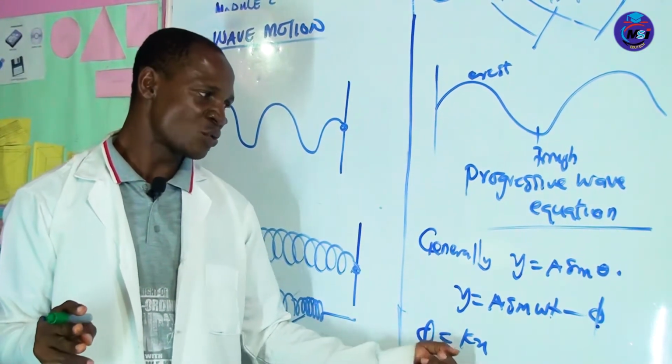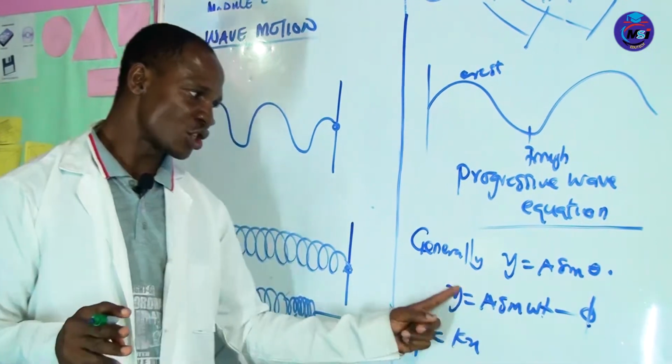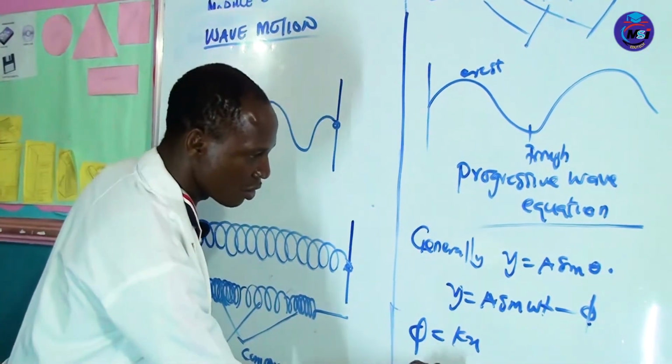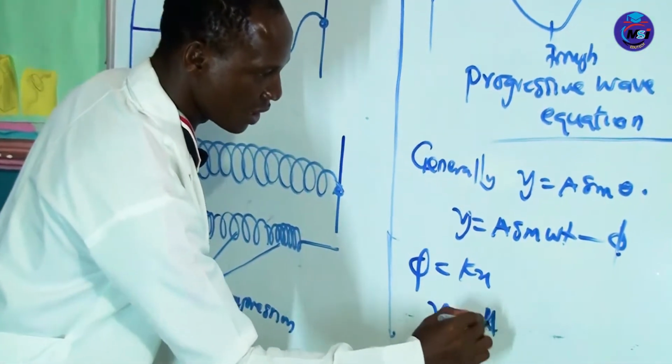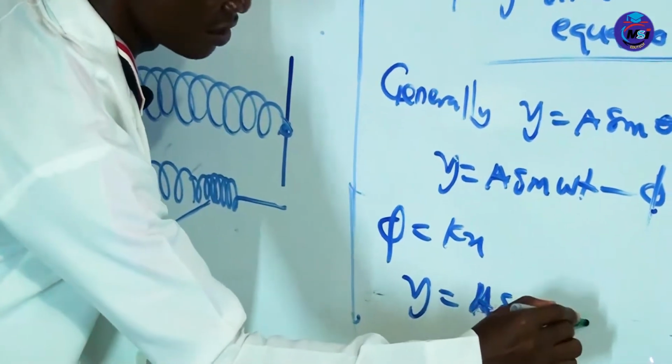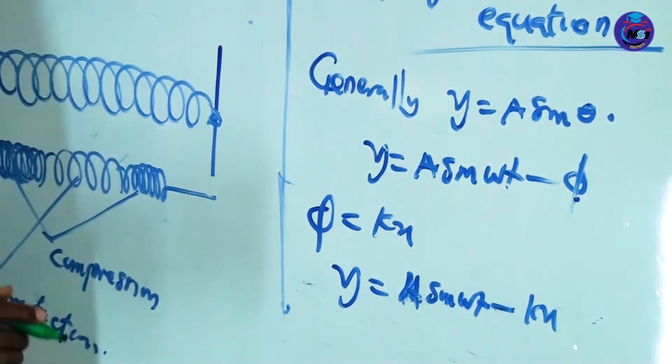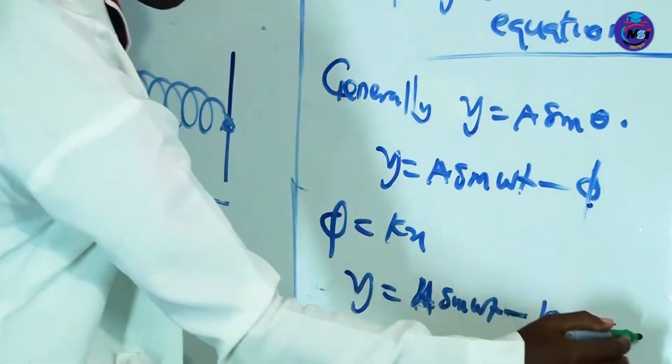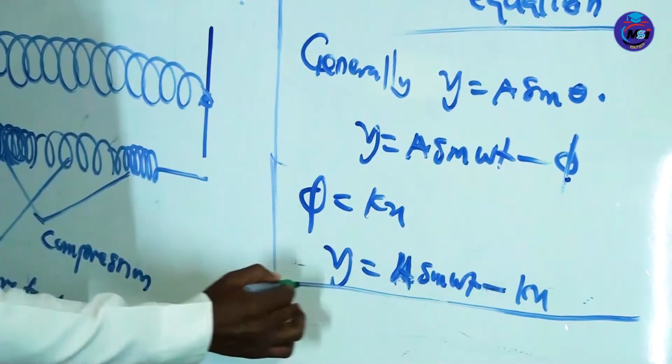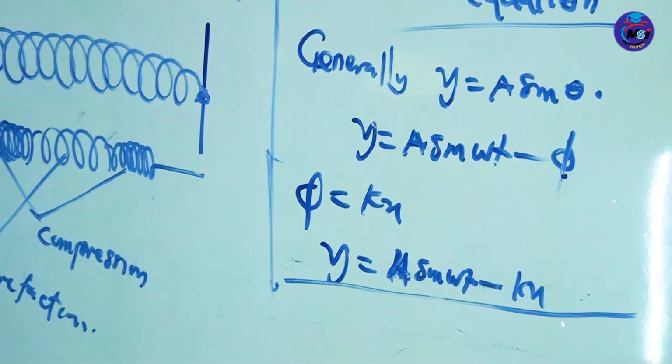So you can replace it at this point, and the result is y equal to a sine of omega t minus kx. Now this becomes the general way of representing the wave equation.